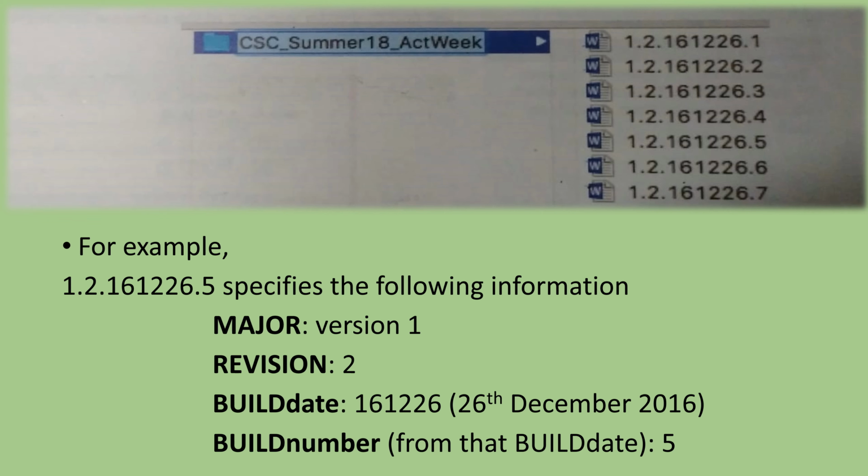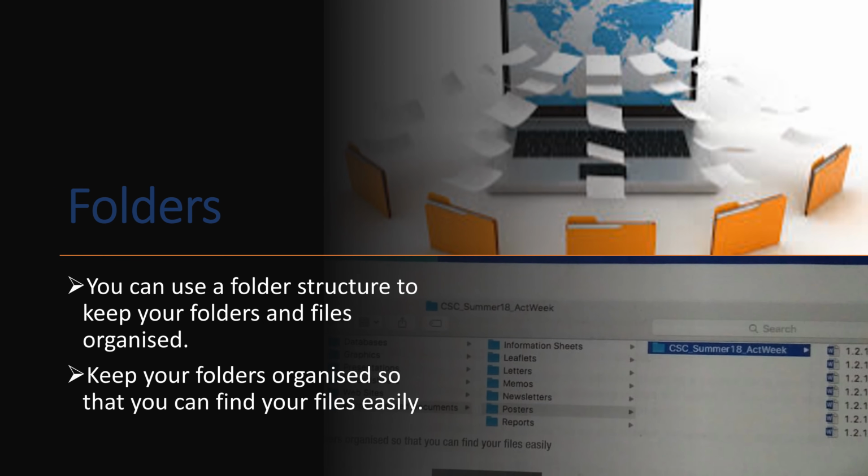Build number from that build date is 5. Folders. You can use a folder structure to keep your folders and files organized. Keep your folders organized so that you can find your files easily.